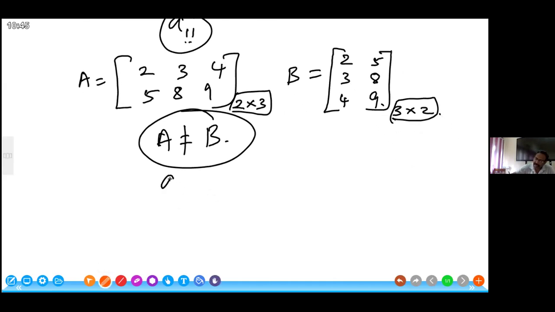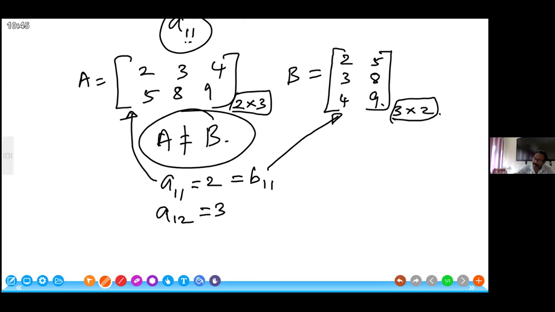How about the elements? Positions of elements. A11 is equal to B11. B11 means it is from here, this is from here. What about A12, which is 3, is it equal to B12? No. Not equal.